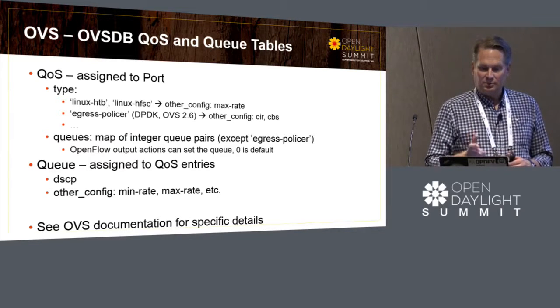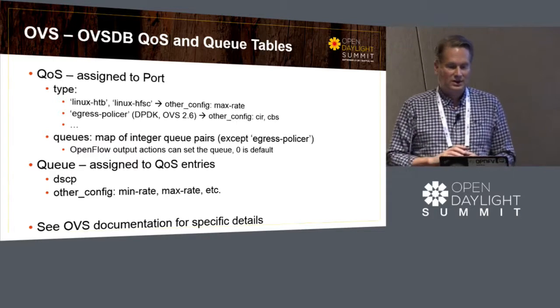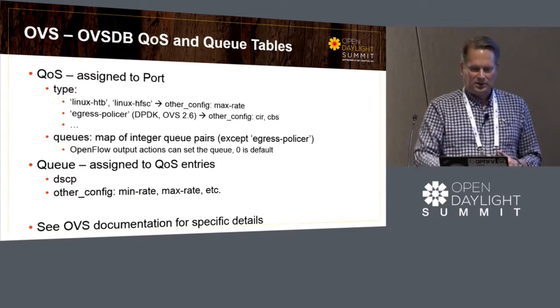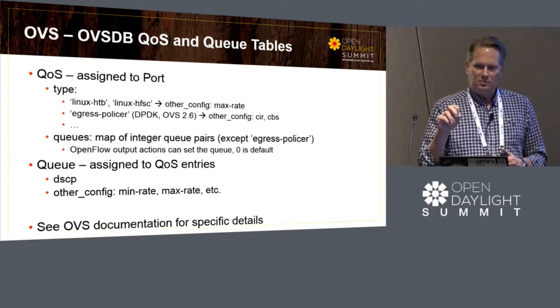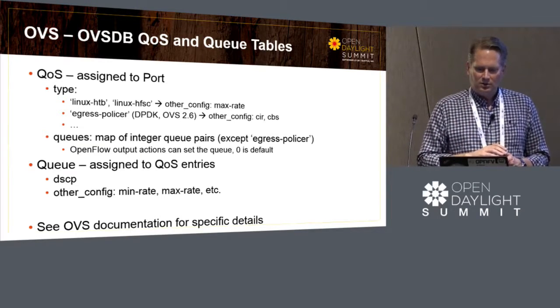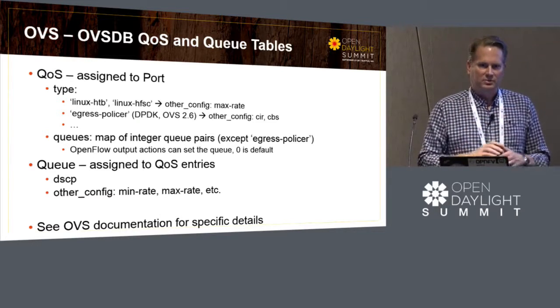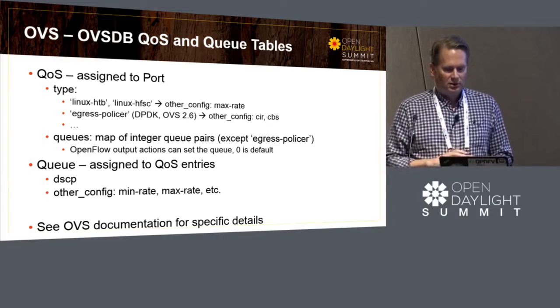In addition to the type and the rate information, a QoS entry can take a list of queues. The queues will be second, but basically at the QoS entry level, you have a list of queues. It's a map of integer and queue reference. So the queue numbers would be like 0, 1, 2, 3, 4, whatever. It's up to a fairly large number. And then the associated queue entry.